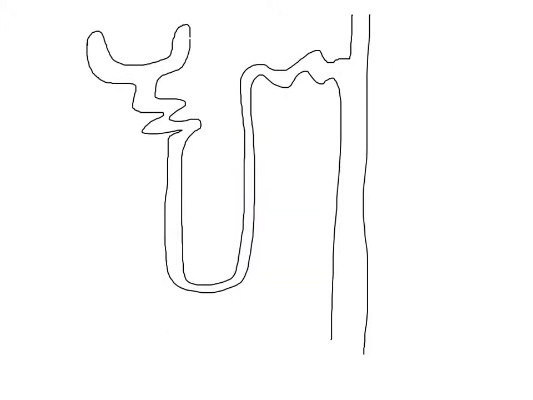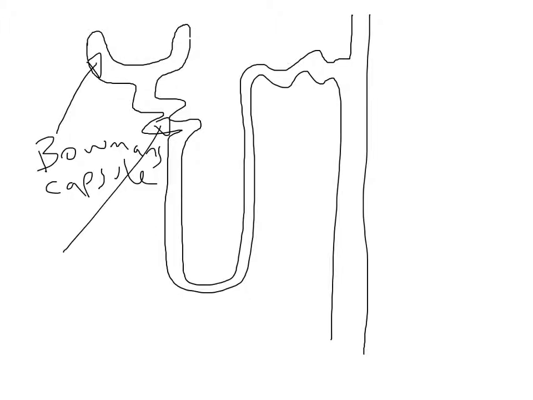So here I've drawn a diagram of a kidney nephron. One end of it, we've got what's called the Bowman's capsule. And then this first part here is called the proximal convoluted tubule.